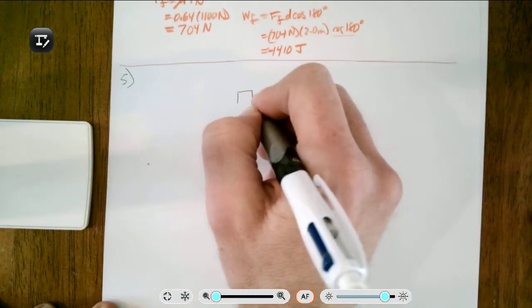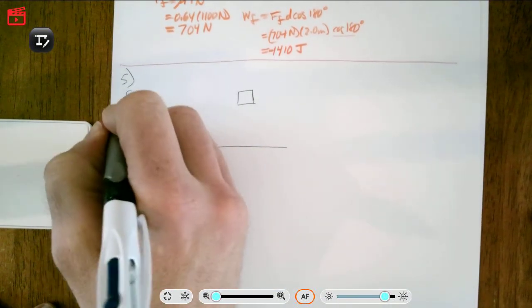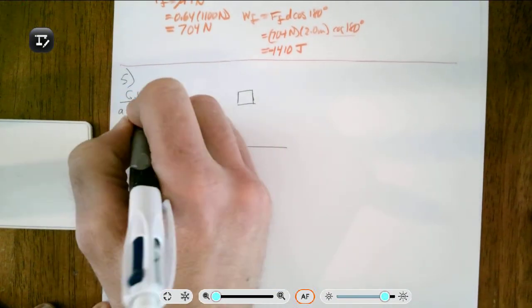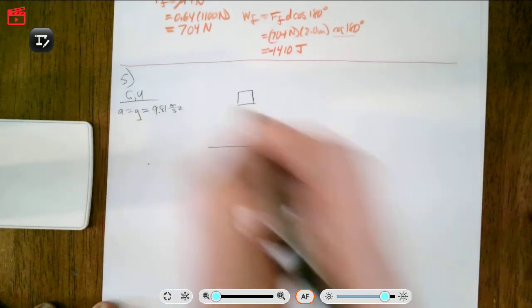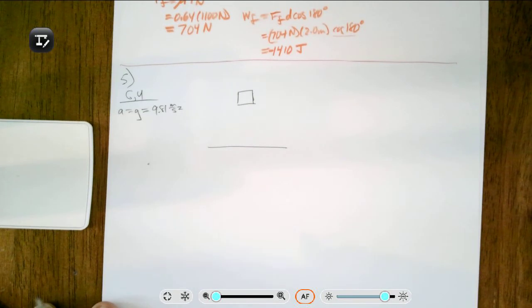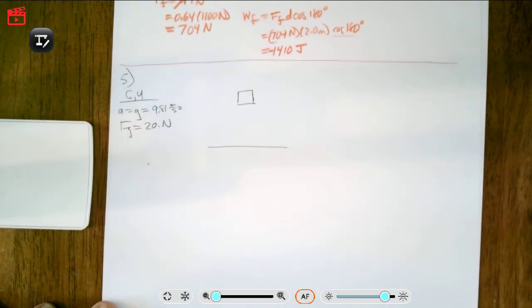Here's the block. A few things we know about it, givens with units. Falls freely means the acceleration is little g, 9.81 meters per second squared. They also told us the block's weight is 20 newtons. And from a point 5 meters above the surface of the earth.